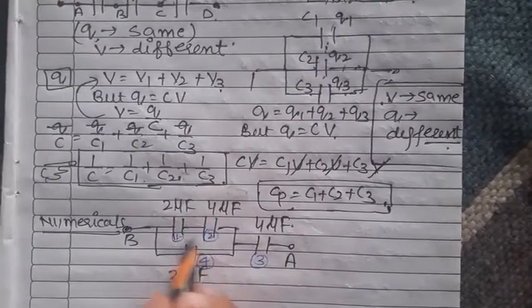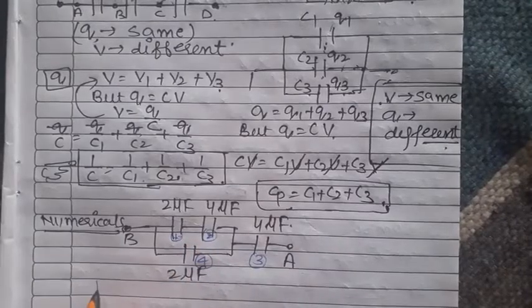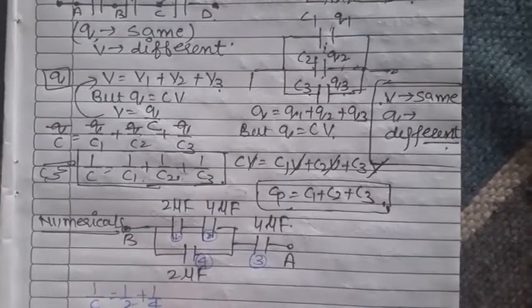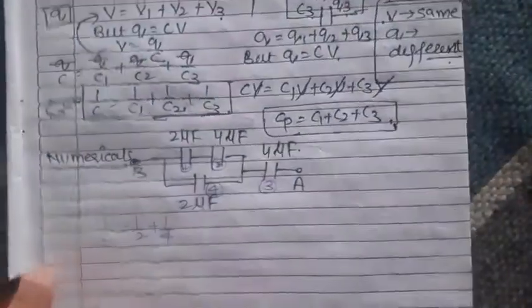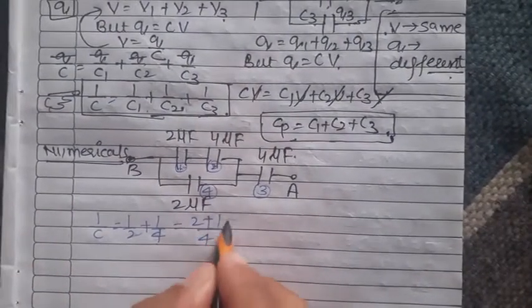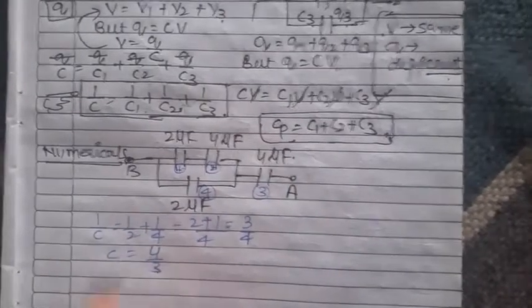Now 1 and 2 are both connected in series, and for series the result is 1 by C equal to 1 by 2 plus 1 by 4. When you solve, it comes out to be 2 plus 1, that is 3 by 4, so C will be 4 by 3.